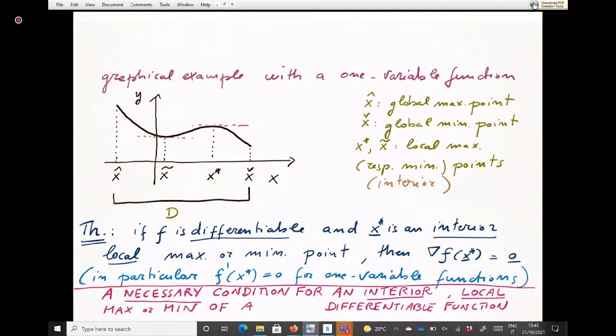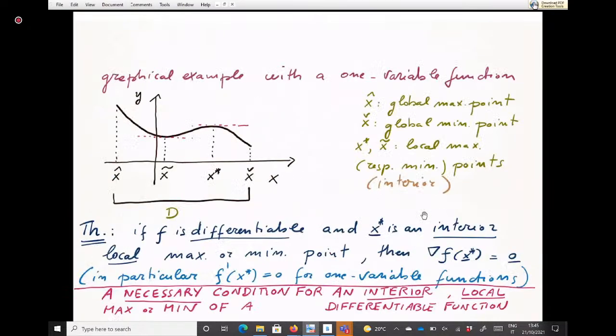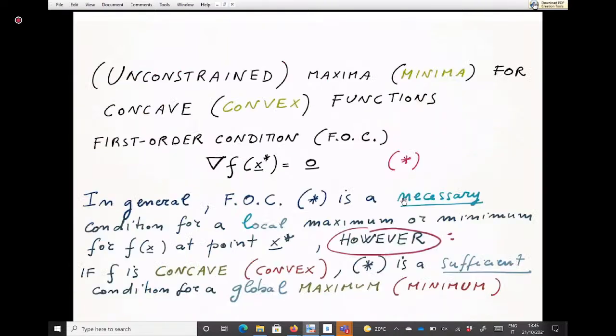So if we add the property of concavity or of convexity, then this theorem becomes much more powerful, okay? We know that this condition, gradient at the point equal to 0, is a necessary condition for a local maximum or minimum for the function at the point x star.